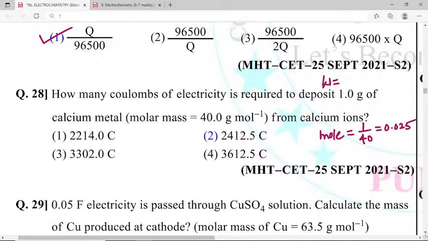Okay, 0.025 is the mole. Get it? So 1 mole is equal to 96500 coulombs. So how much is required for 0.025 mole?